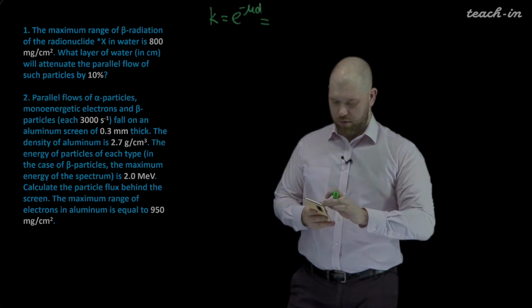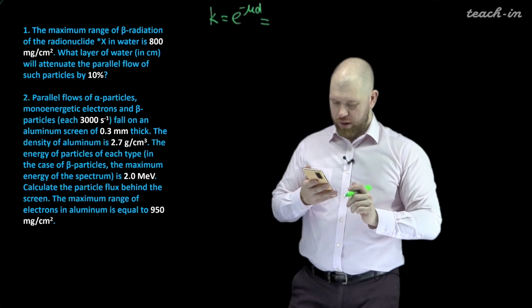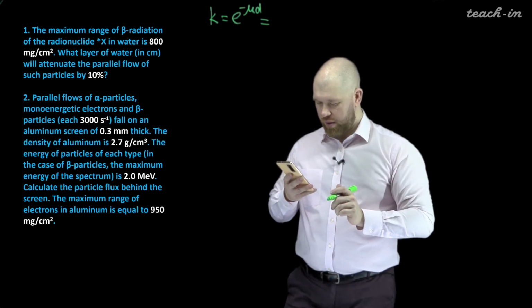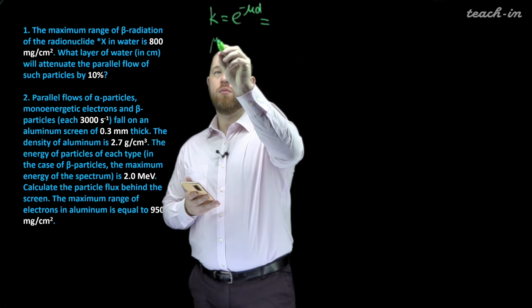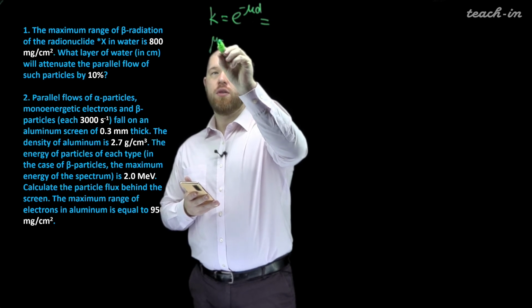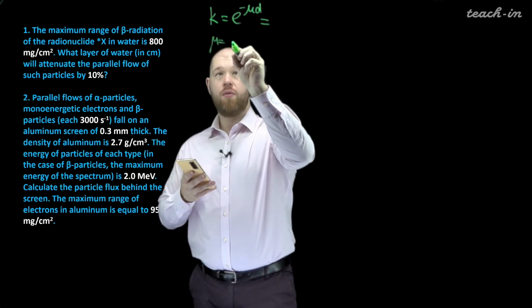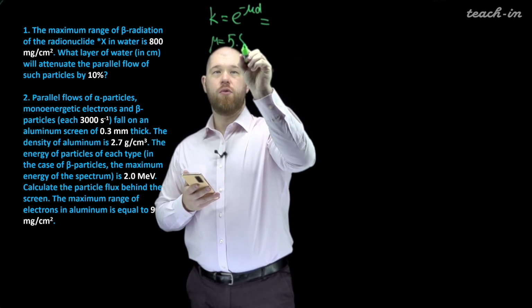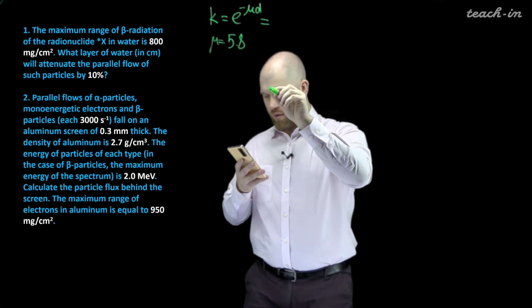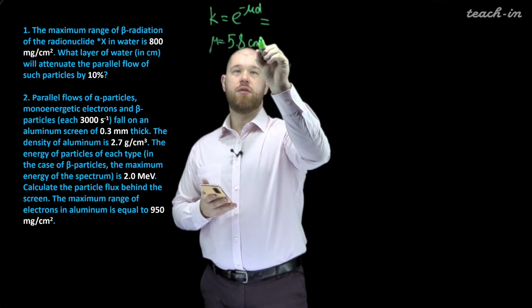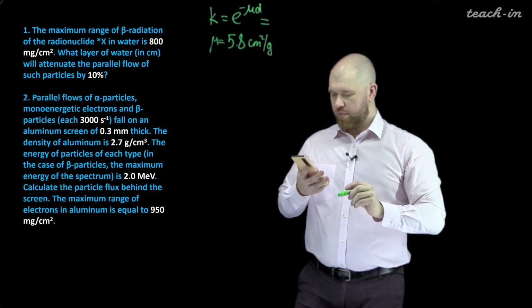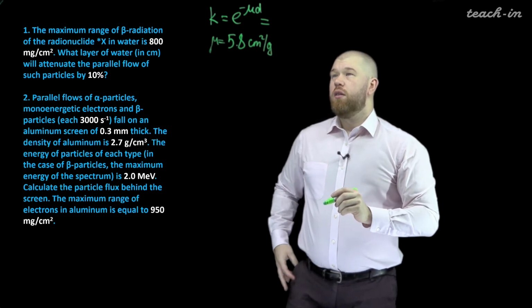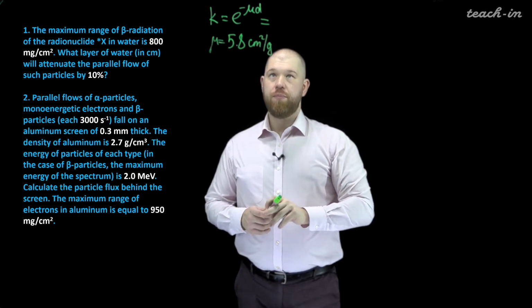Just a moment. So for 800 milligram per squared centimeter, the attenuation coefficient mu is equal to 5.8 squared centimeters per gram. So we will use it.